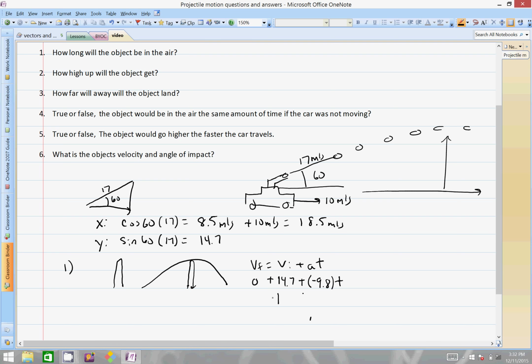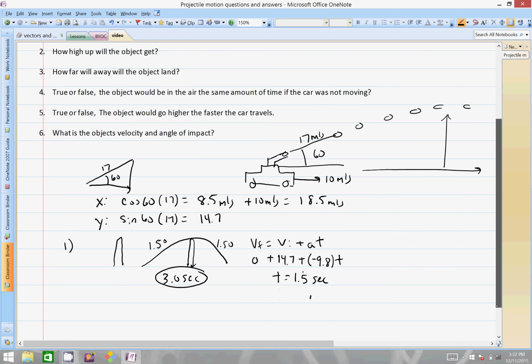And t equals 1.5 seconds. So we have 1.50 seconds up, and technically another 1.50 seconds on the way down, for a total path time of 3.0 seconds. How high will the object get?